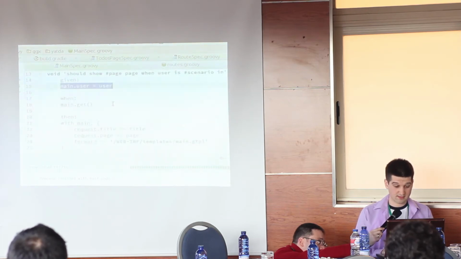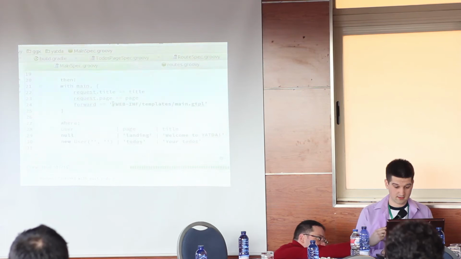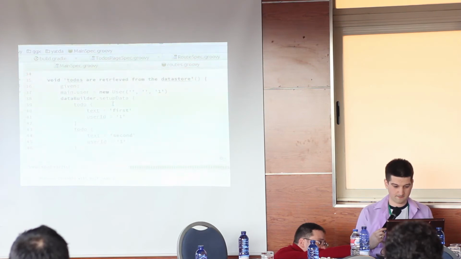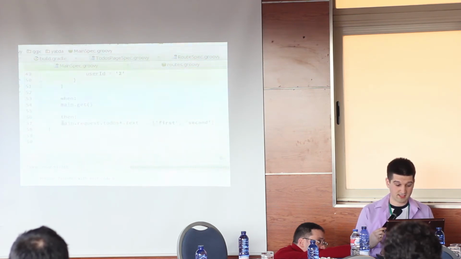If a user is logged in, then we see different information. And the second test is if there is any data in the data store, we are setting the data up here, and we see that data displayed in the UI.